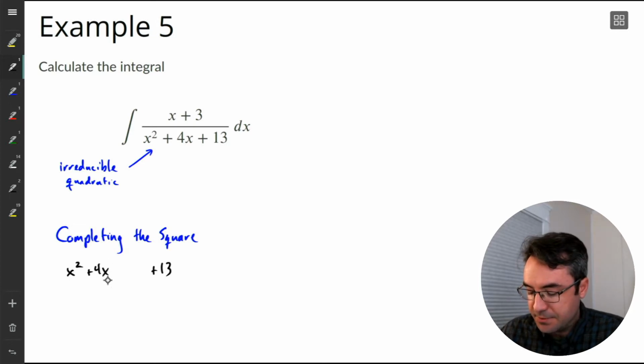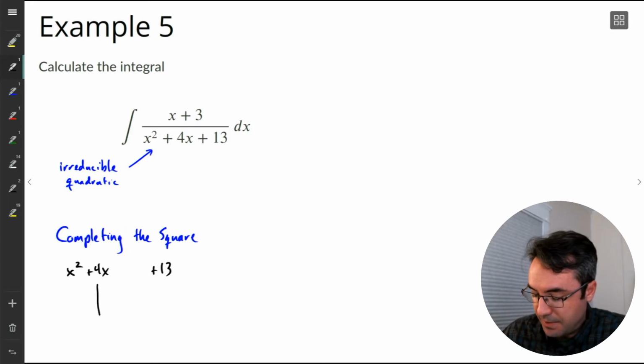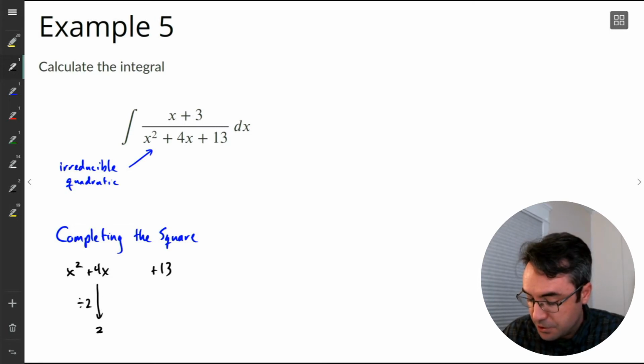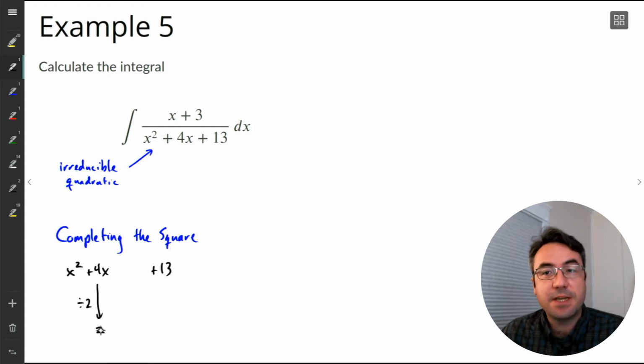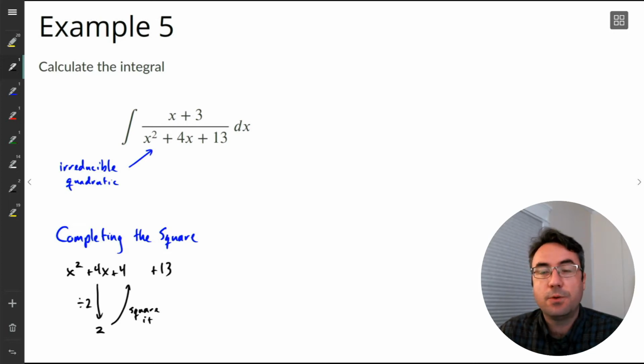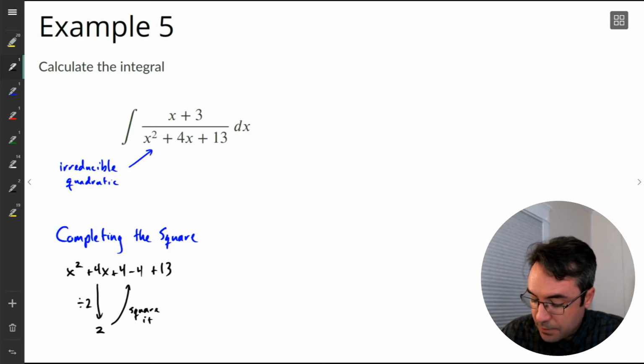So when that's the case, we can take this number that's in front of our x, and we can divide that by 2. So the 4 divided by 2 gives us 2. Then we take this number and we square it. So when we square 2, that gives us 4. So we're going to add in 4. Now we can't just add in something because that's going to change our function, so we have to subtract it out right away.